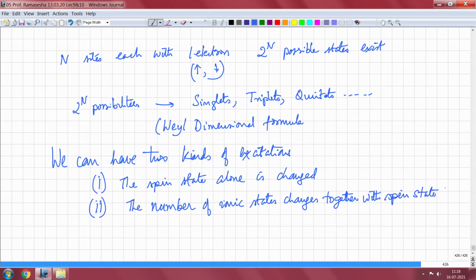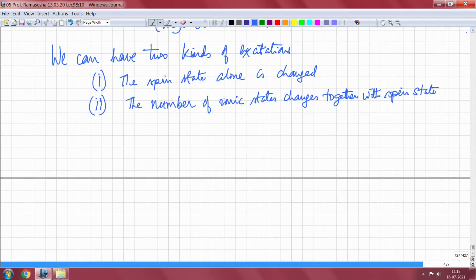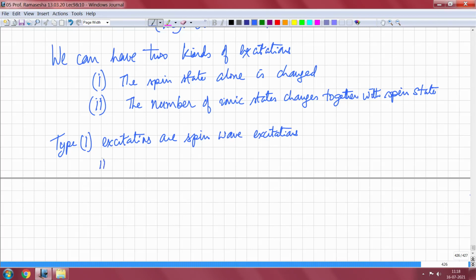So the first kind of excitations are known as spin wave excitations. Type 1 excitations are spin wave excitations, which are purely magnetic excitations, and type 2 are known as Stoner excitations.